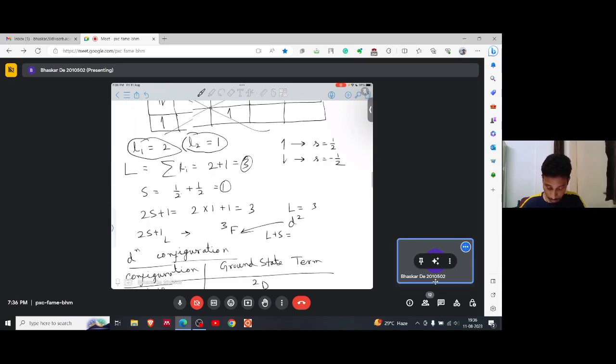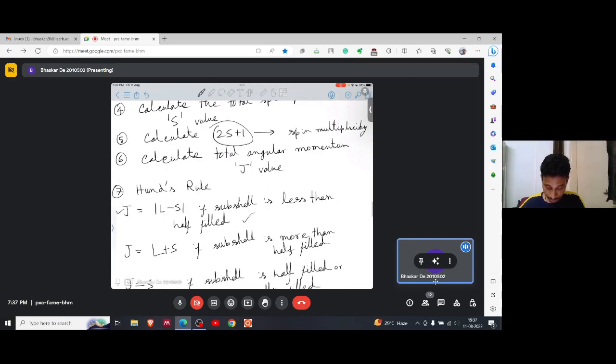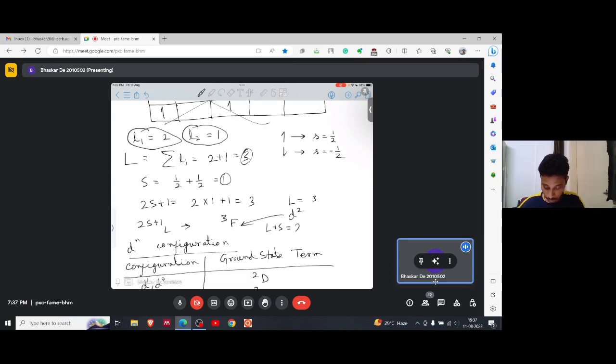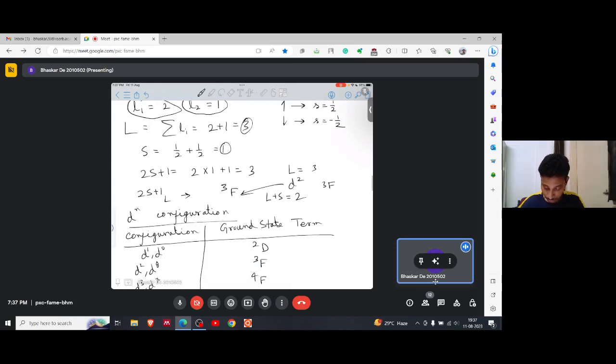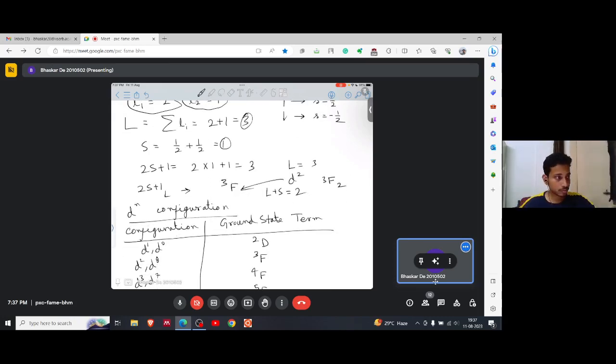So for less than half filled configuration we have this rule, L minus S. So here the J value will be 2. So this will be 3F2.